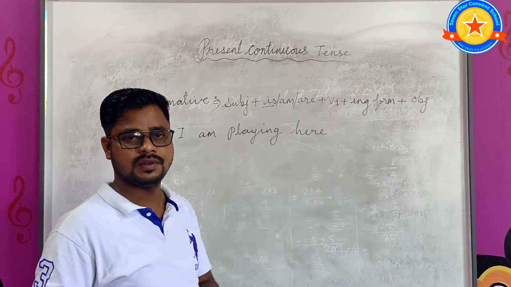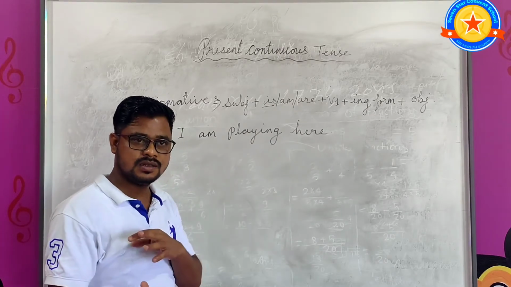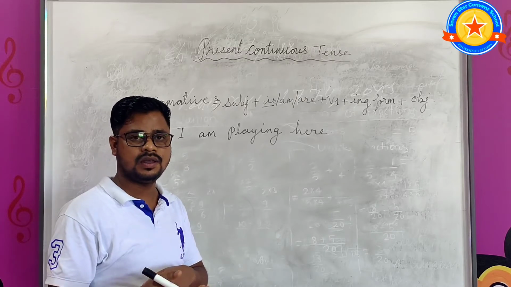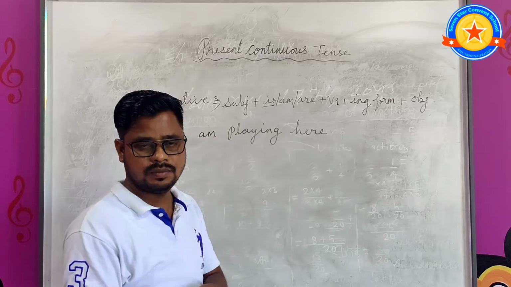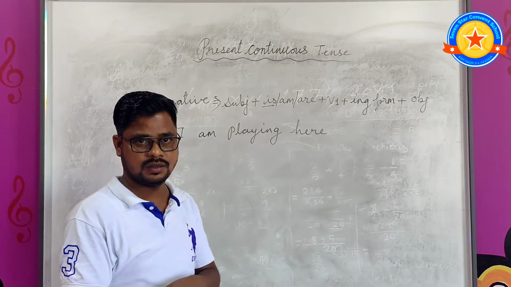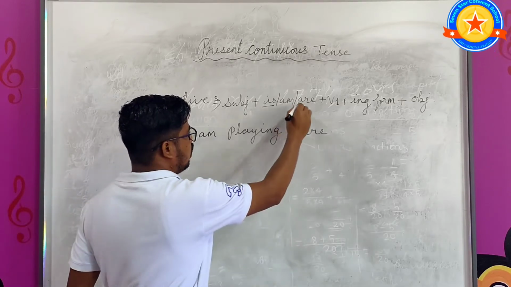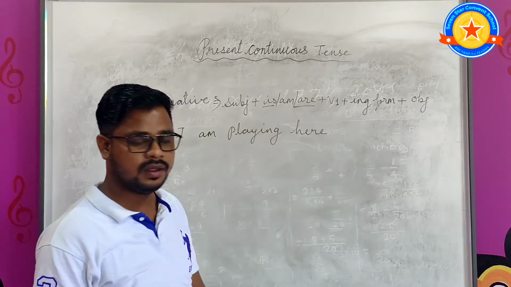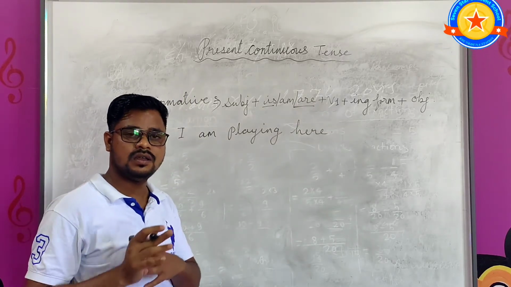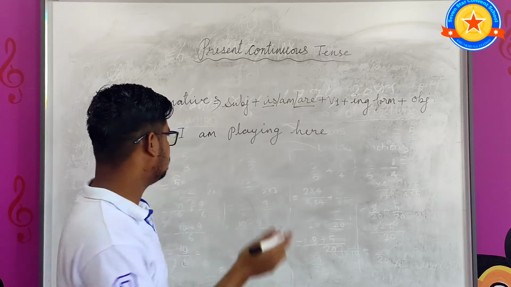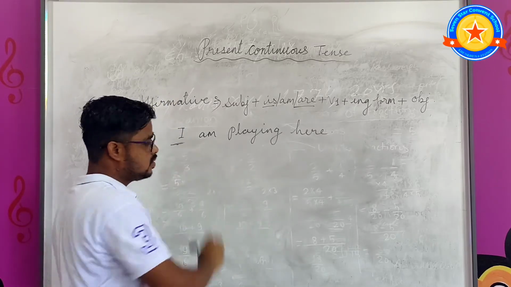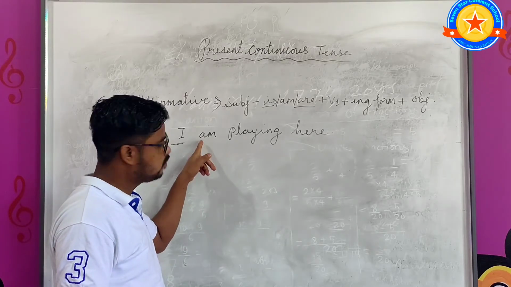And if the subject is plural, that means first person, second person and third person plural subject, you have to put are. And am is only used when the subject is I. So here the subject is I, so I have put am.